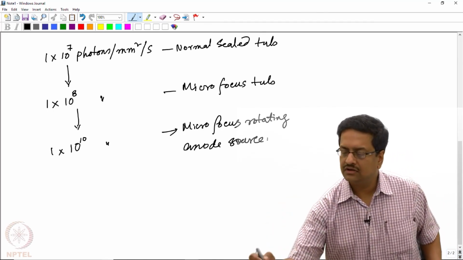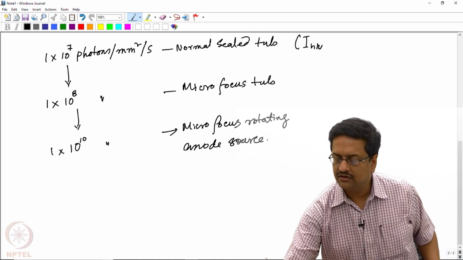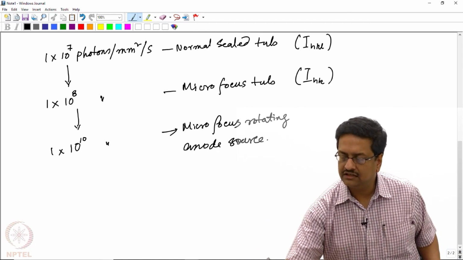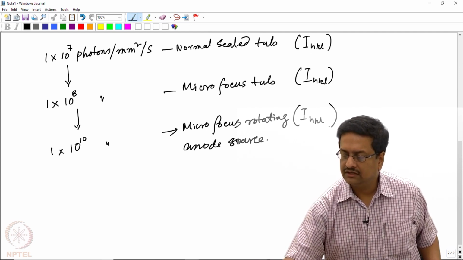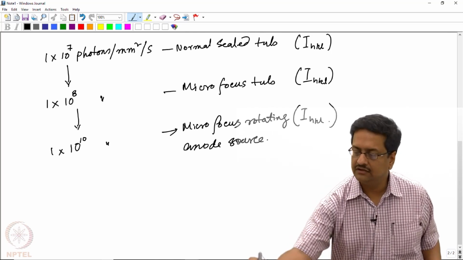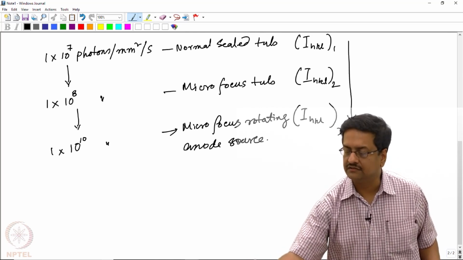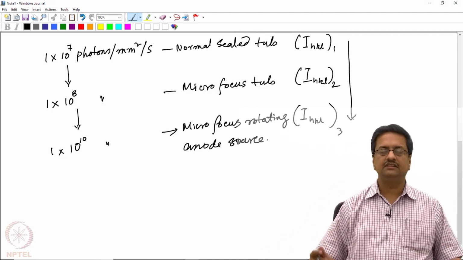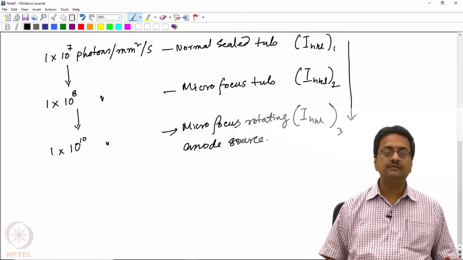So, it should not happen that I(HKL) recorded here, I(HKL) recorded using the second type, and I(HKL) recorded by the third type should be continuously increasing.